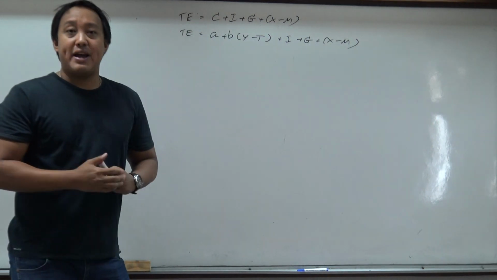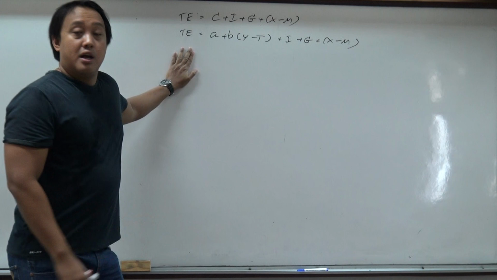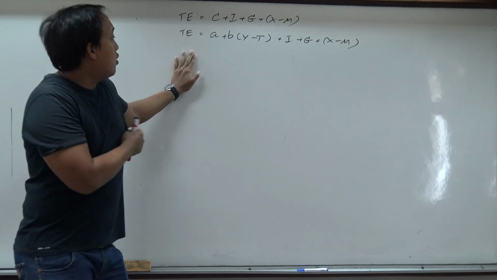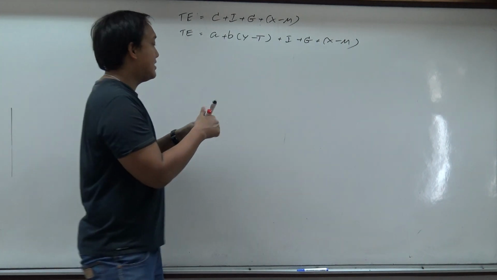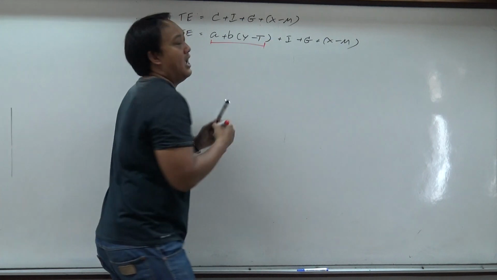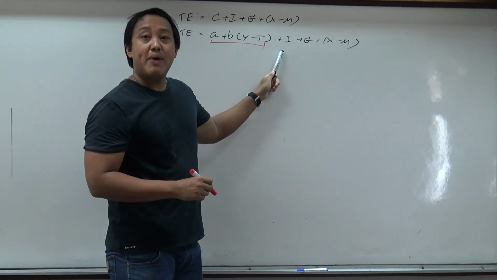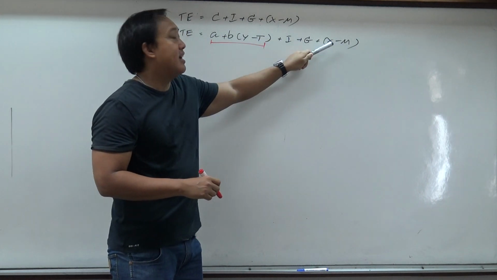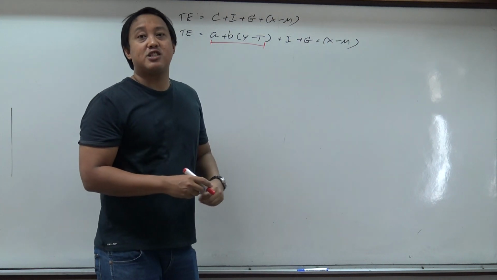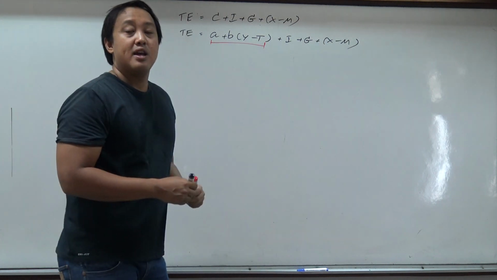The total expenditure equation looks like this. This is C, consumption, I, investment, G, government spending, and X minus M, export minus import.